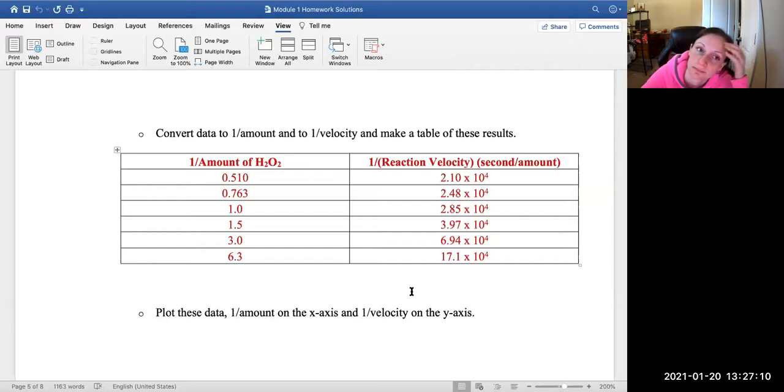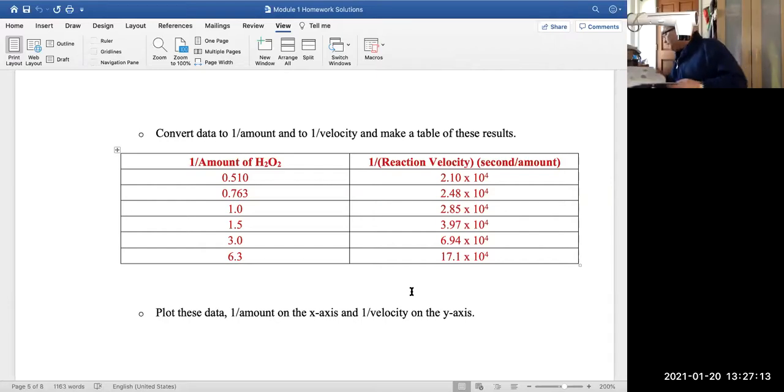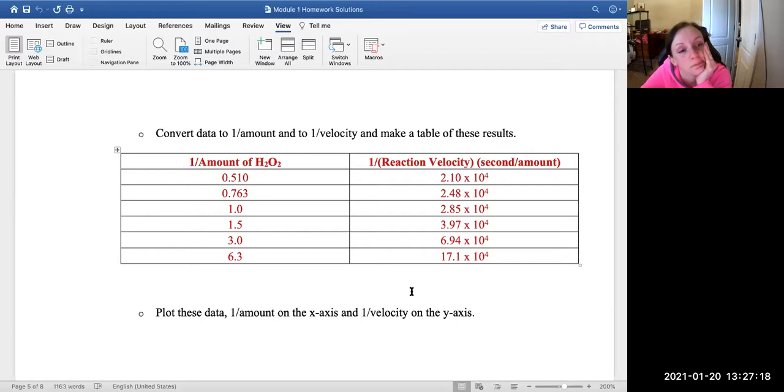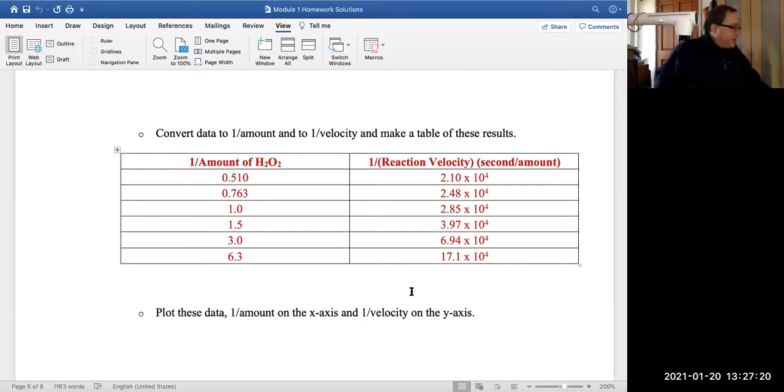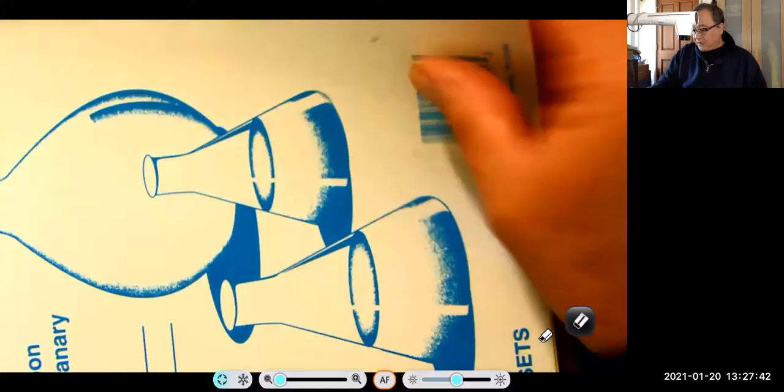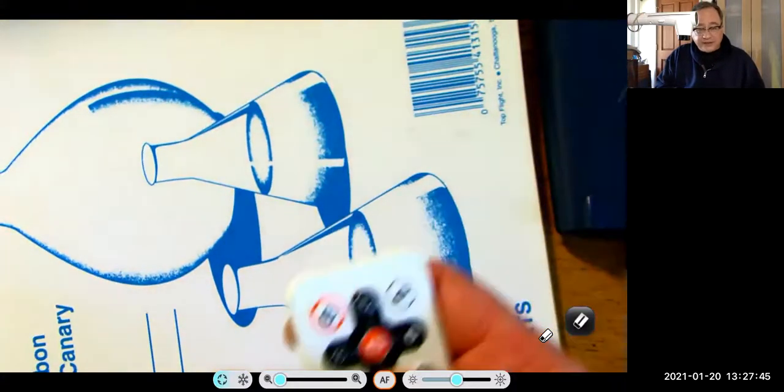Okay, now I'm going to pull out some graph paper here, if I can find it. Ah, I know where it is. So here is my graph paper. I'm going to change the share yet again. Let me zoom out so that you can see the extent of it.